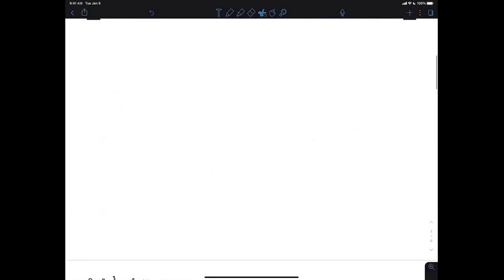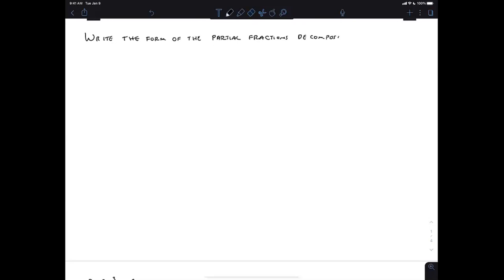Okay, so the first thing I want to do is go through a huge problem where we write out the form of the partial fractions decomposition of the following.